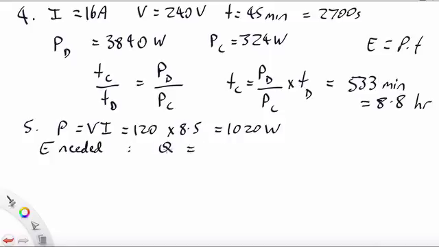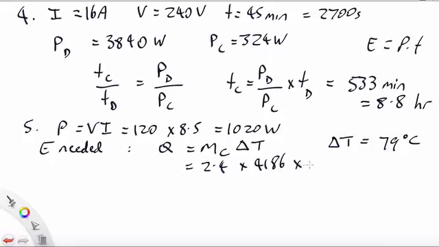That's given by, that energy is Q, and we have MC delta T. Now delta T is the change from 21 to 100, so that is 79 degrees rise in temperature. So Q is 2.4 kilos times 4186 times 79. Turns out to be a large number of joules.